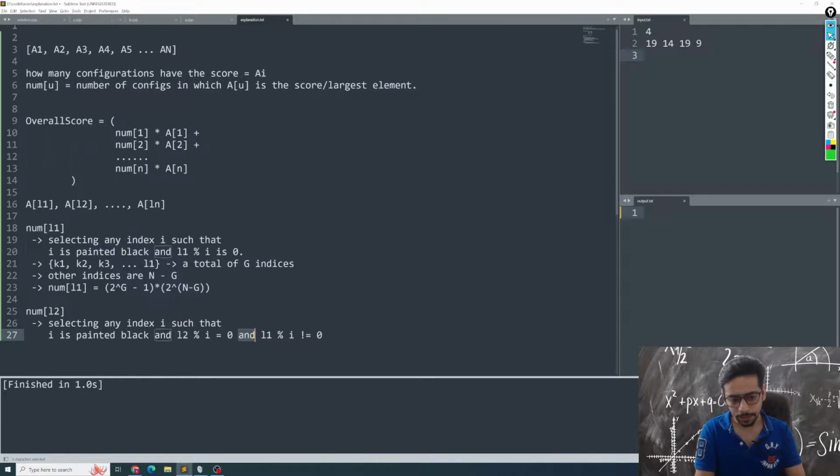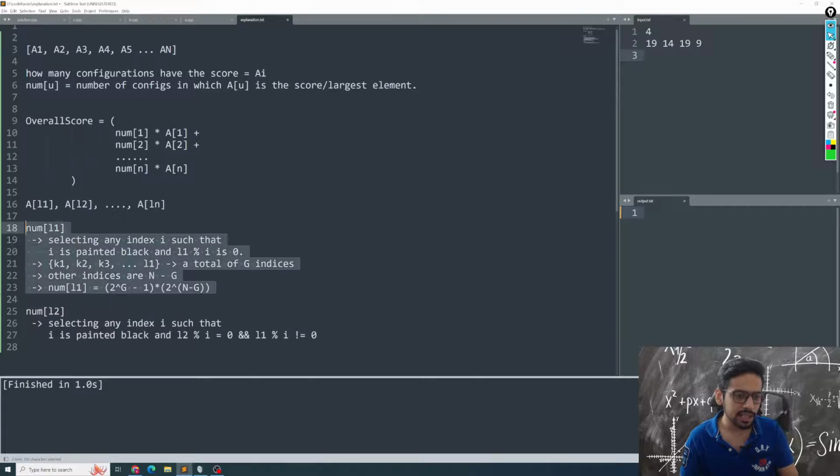Think about why is that. Because if you select an index I that divides L2 and also divides L1, then that would mean it's a case we have already considered. The score is not going to be A of L2. The score is going to be A of L1, which is already considered here. We are thinking about only the contributions of A of L2 now. So L1 should definitely not be painted black.